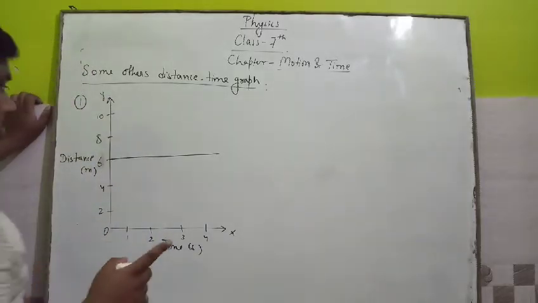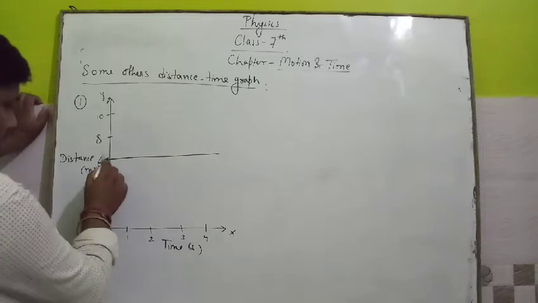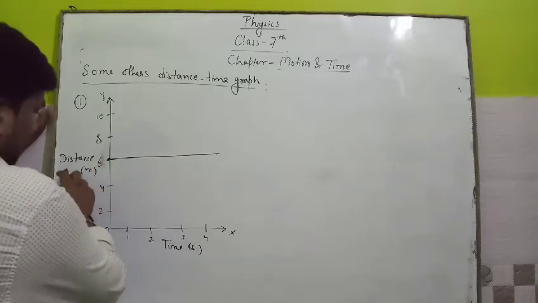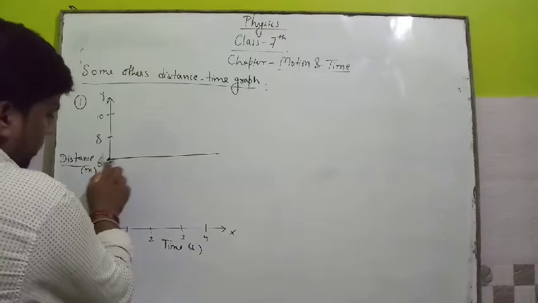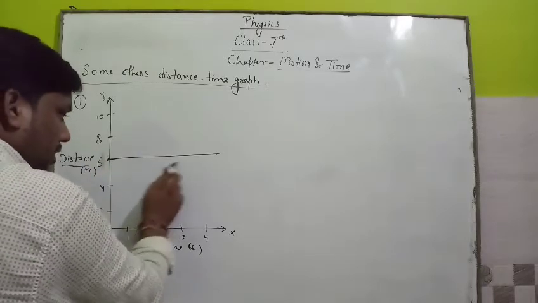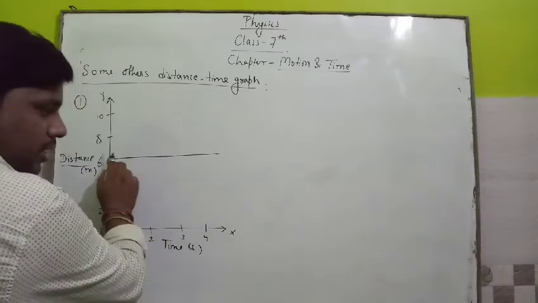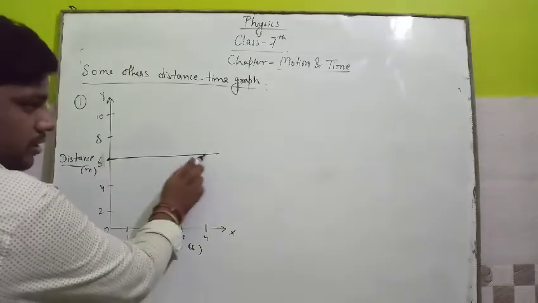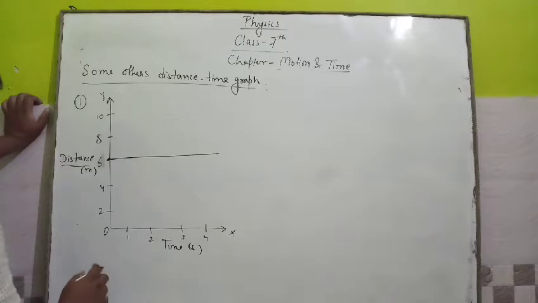This graph shows that the object is in rest position, because you see the distance is constant. The distance is not increasing, it is stopped at 6 meters. Time will increase here but distance cannot. So we can say the object is in rest position.